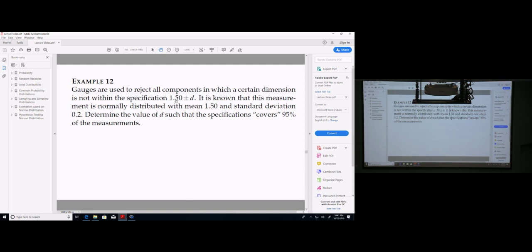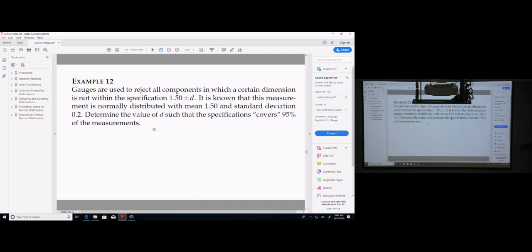For this particular case it is 1.5 plus or minus D. So as long as it is within plus or minus D, then it satisfies the specification. It is known that this measurement is normally distributed with mean 1.5, so we achieved the mean, and the standard deviation is 0.2. So determine the value D such that the specifications cover 95% of the measurements.